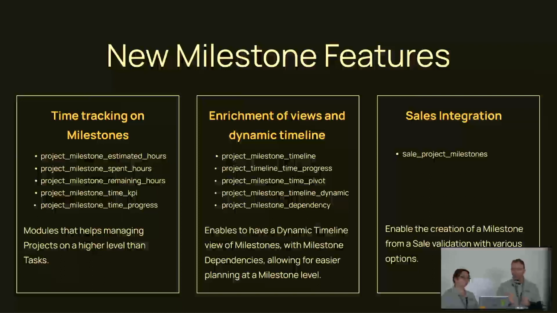We added another feature to be able to track and compute the time spent on the milestone. And of course, from there, we computed the remaining hours from these two features. I won't go into much detail because you will see that in a few minutes. Do you want to present the two others, if you want?